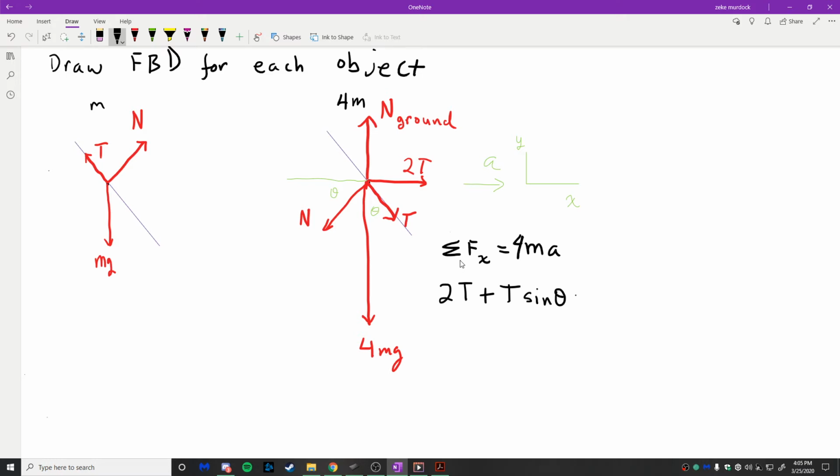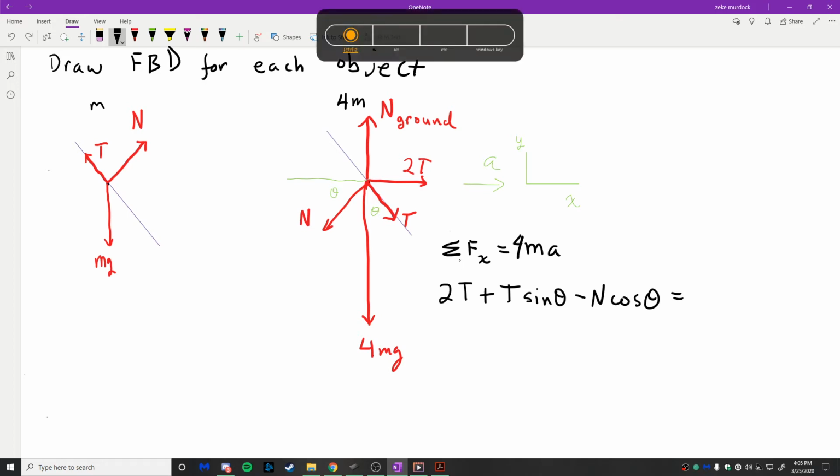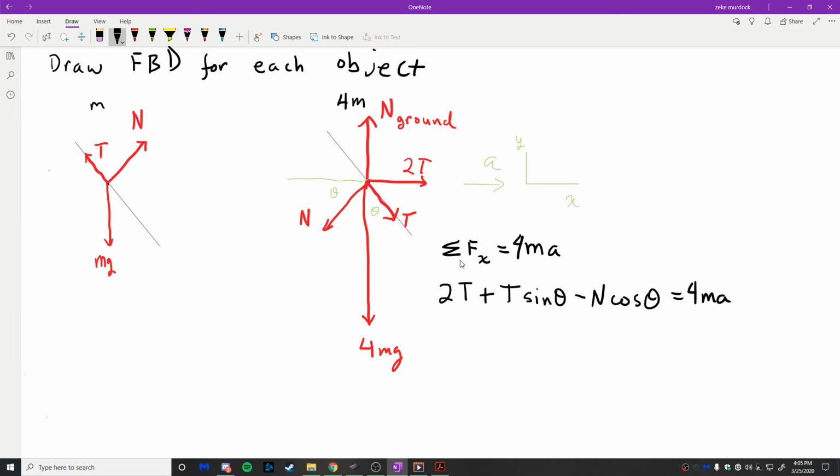We have N cos theta, so minus N times the cosine of theta is equal to 4ma. You put all your forces over here, you put your accelerations over here. So this is one of our equations that we're going to use to solve this problem.